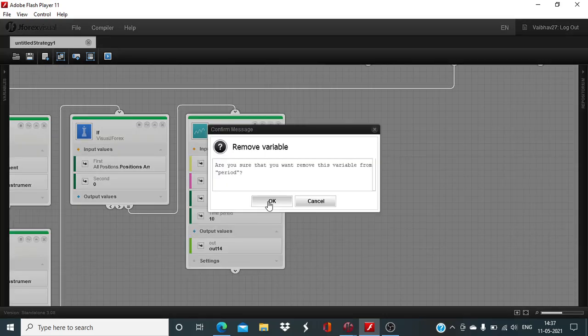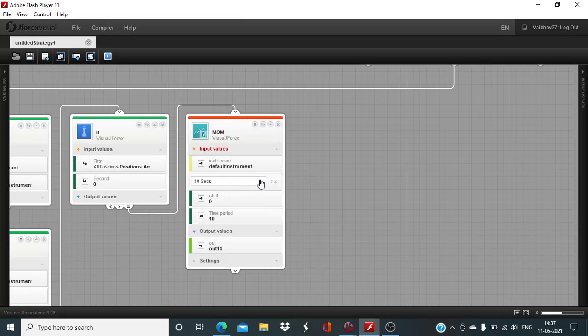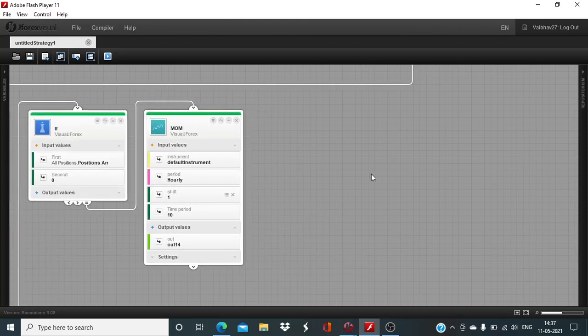Here, as I said, this candle period is going to be hourly. Shift 1. Time period will remain default 10.